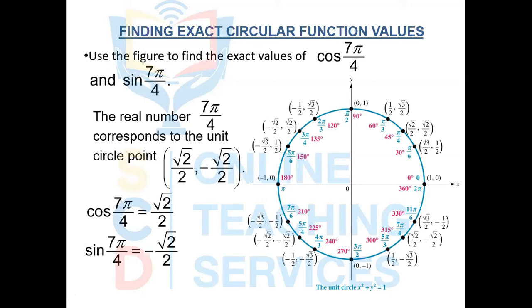Divided by 2. Zero point 707106781. Okay, wait.